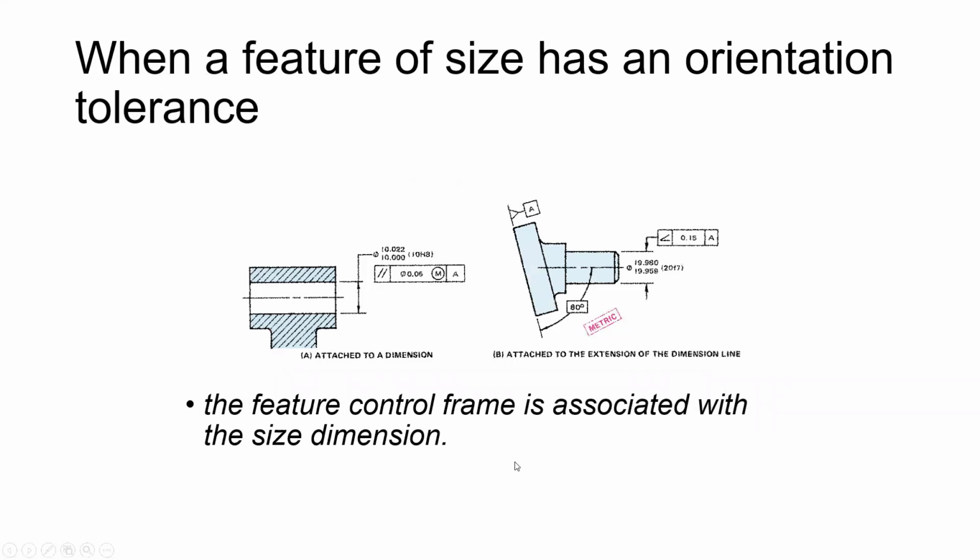So here we've got a hole. This is one way that you can apply your feature control frame to your dimensions. Here we've got a hole, 10 diameter up to 10.022, that is parallel with a diameter 0.05 at maximum material condition. So the hole at maximum material condition is at 10.0.